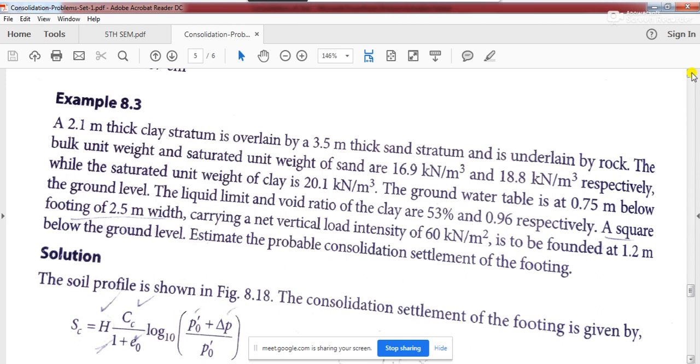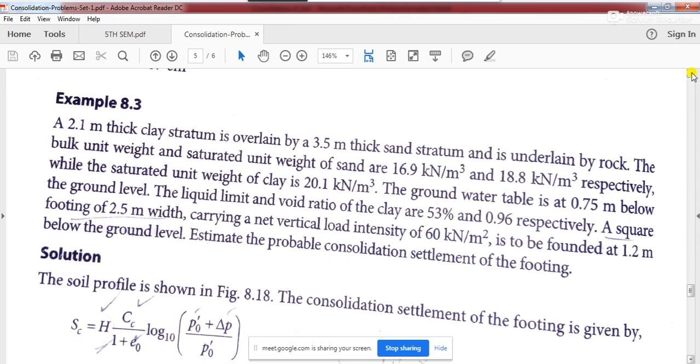Overlain means, as I explained in the previous class, the sand stratum is on top of the clay stratum, and it is underlain by rock.